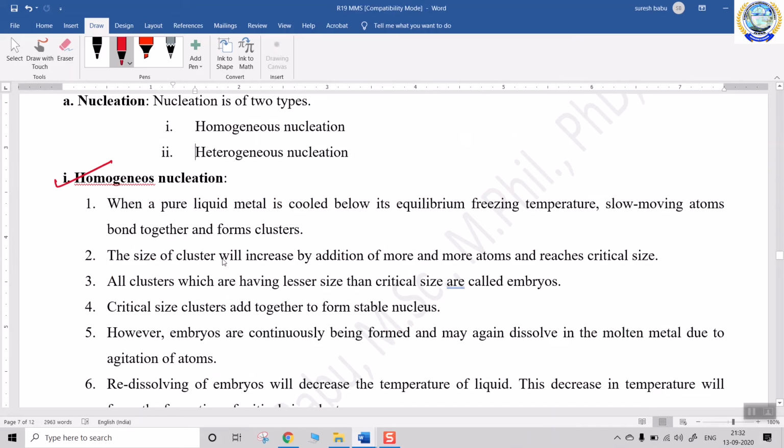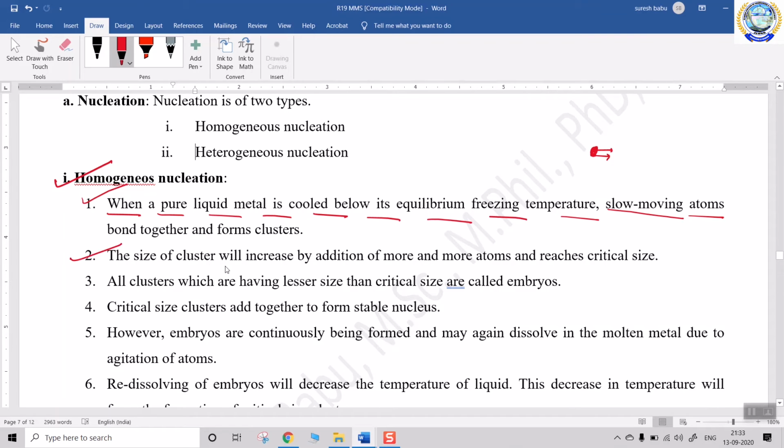Homogeneous nucleation. Please see here, when a pure liquid metal is cooled below its equilibrium freezing temperature, slow moving atoms, just we saw slow moving atoms, bond together and form clusters.